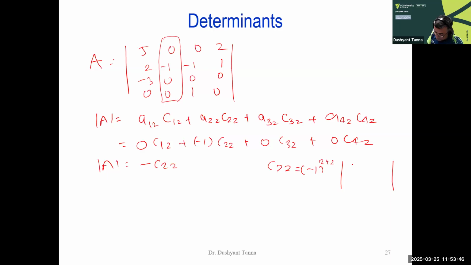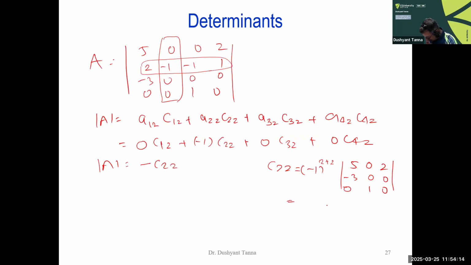So eliminate the second row, second column. So 5, 0, 2, 2 minus 1, 1. Sorry, not 2 minus 1, 1. Second row, second column, so even that one is gone. So whatever is left: 5, 0, 2, minus 3, 0, 0, and 0, 1, 0. So this is plus 1.